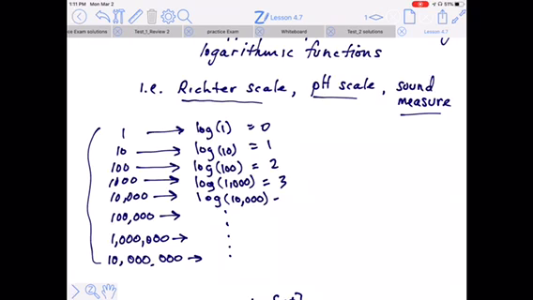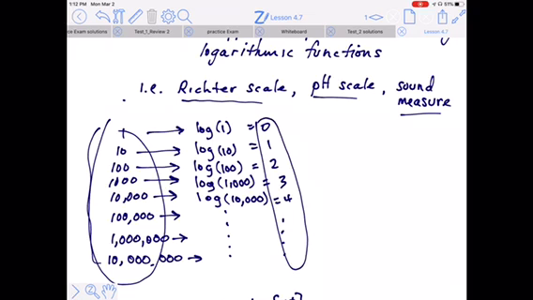This is equal to 3. This is equal to 4, and so on. So by using a logarithmic scale to measure this span of numbers, we can narrow it down into a span of numbers from 0 to 7 or 0 to 8. And that's essentially what a Richter scale or a pH scale or sound measurement, which is in decibels, measures.